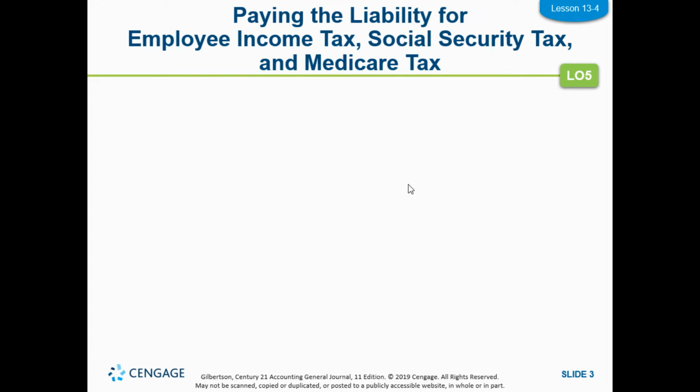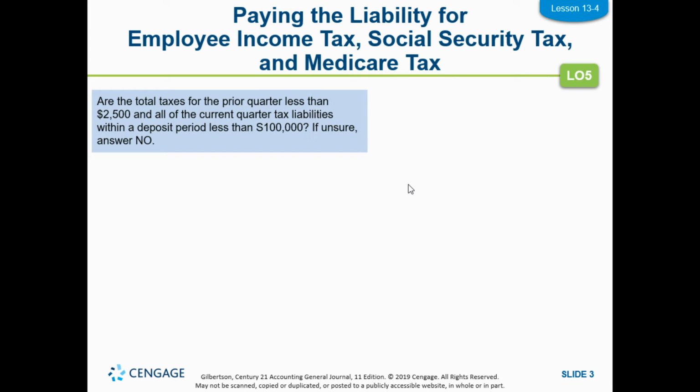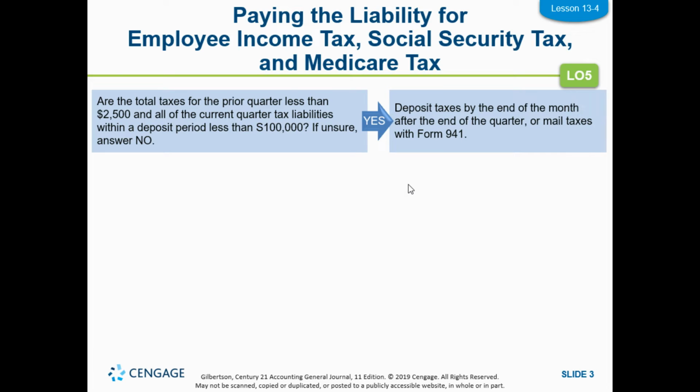All right. And here's the little chart here. And this is kind of detailed. And it's kind of a little decision matrix. Are the total taxes the prior quarter less than $2,500? And all the current quarter tax liabilities within a deposit period less than 100,000? Okay. If yes, you got to do them by the end of the month after the end of the quarter.